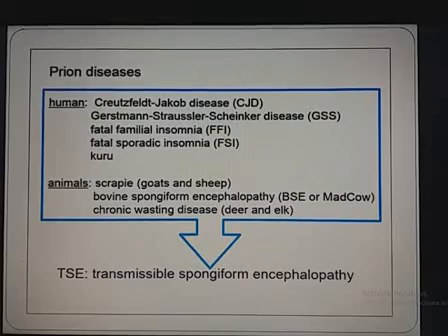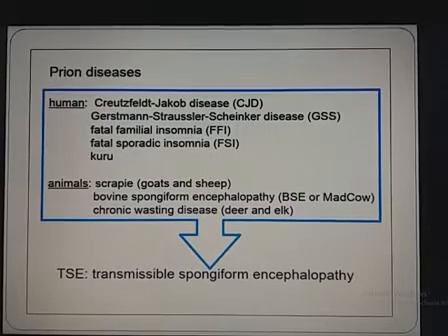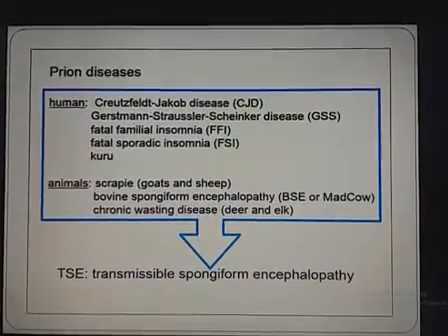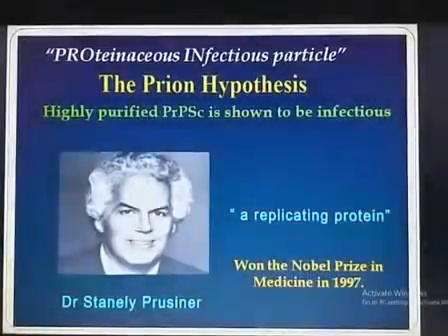And finally in animals, there is scrapie in goats and sheep, BSE or mad cow disease, which is also known as bovine spongiform encephalopathy, and finally chronic wasting disease, which is found in deer and elk. All are aggregative forms of a particular disease known as transmissible spongiform encephalopathy, okay, which is caused by that particular prion protein.